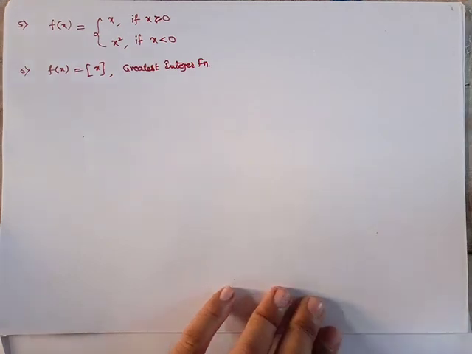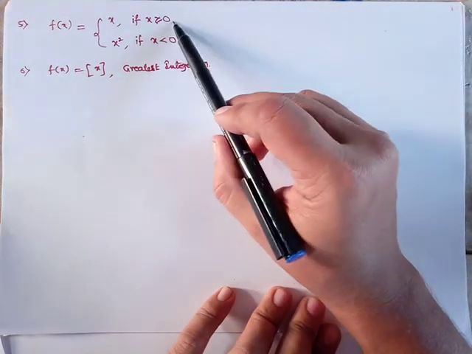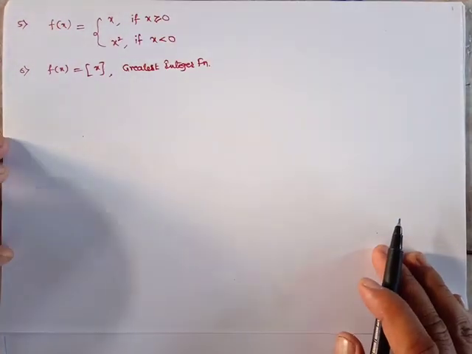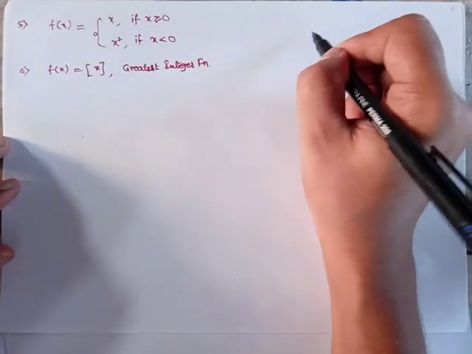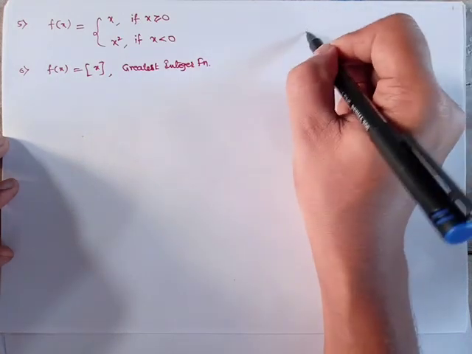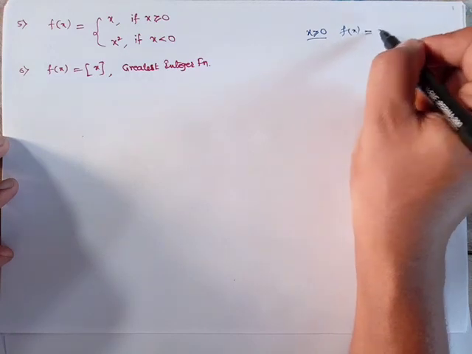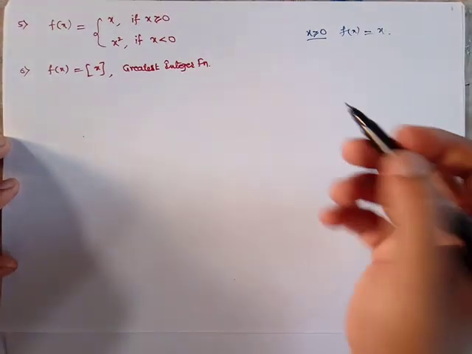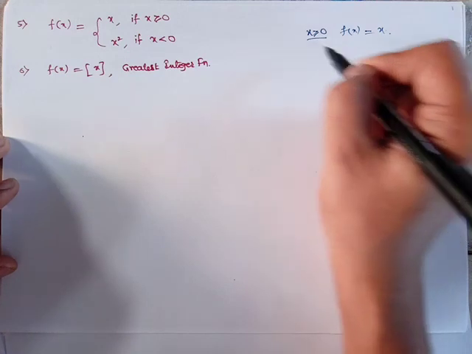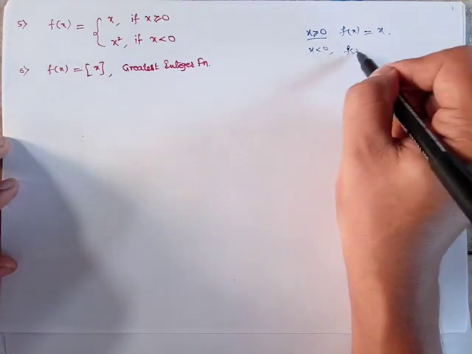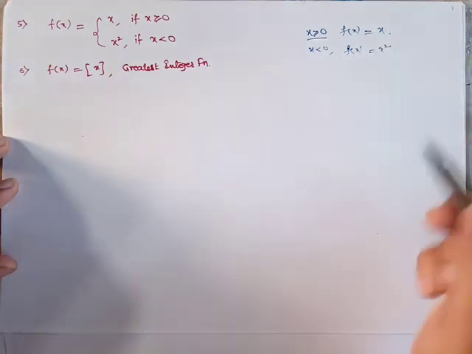f of x is equals to x for x greater than or equals to 0, and x square for x less than 0. So as we understood, for x greater than or equals to 0, f of x is equals to x, and for x less than 0, f of x is x square.